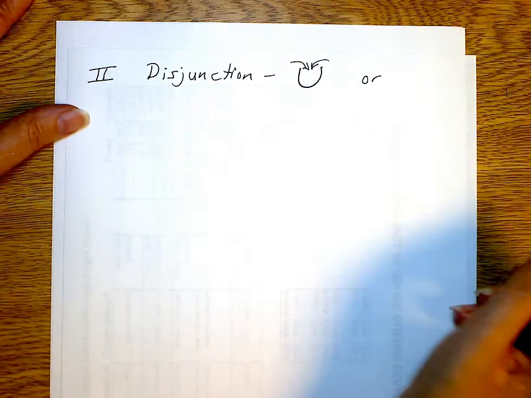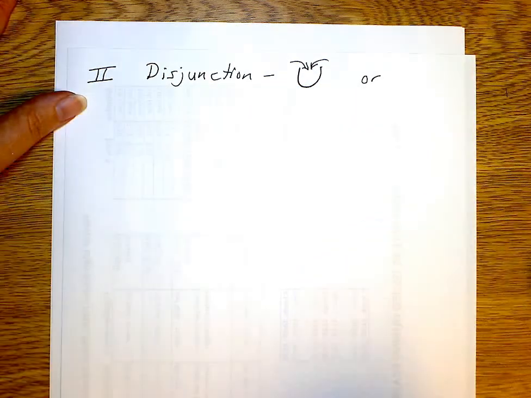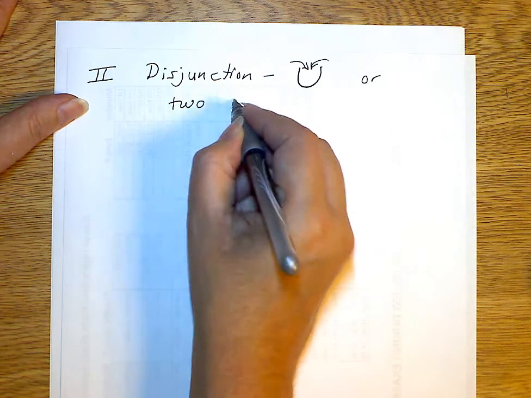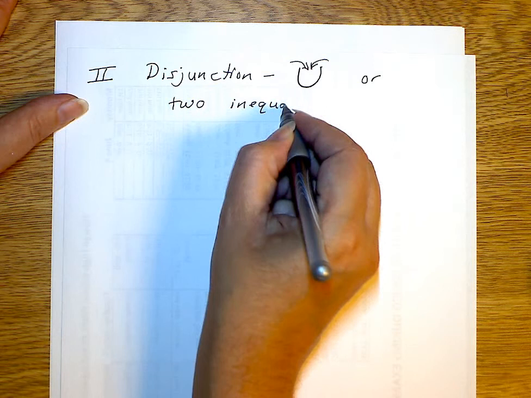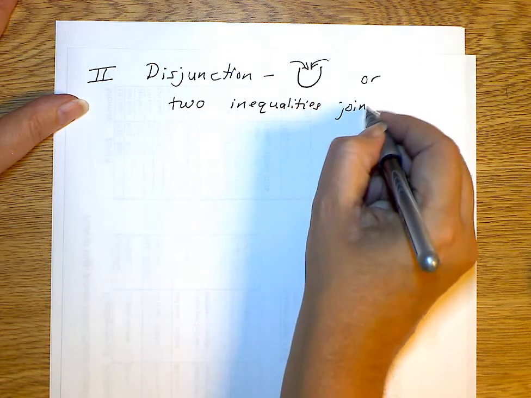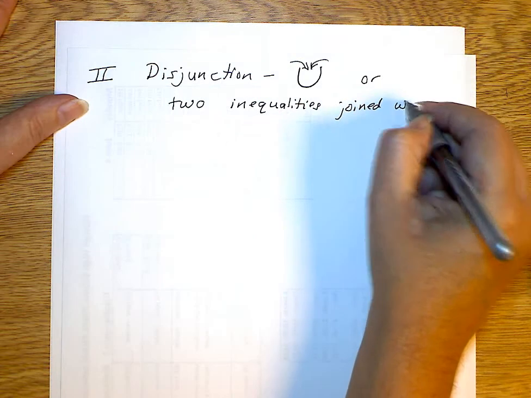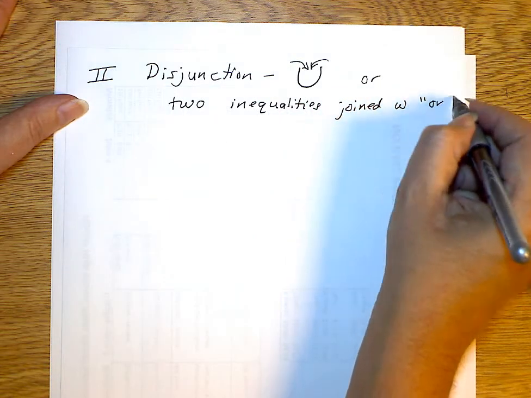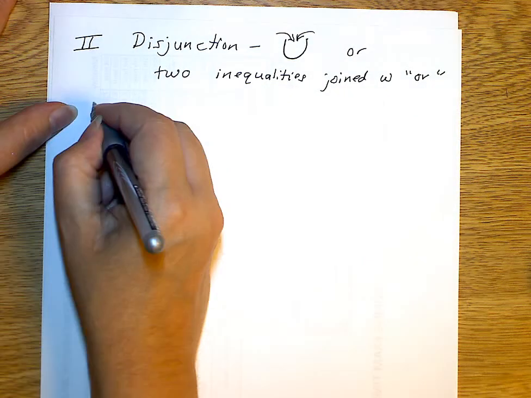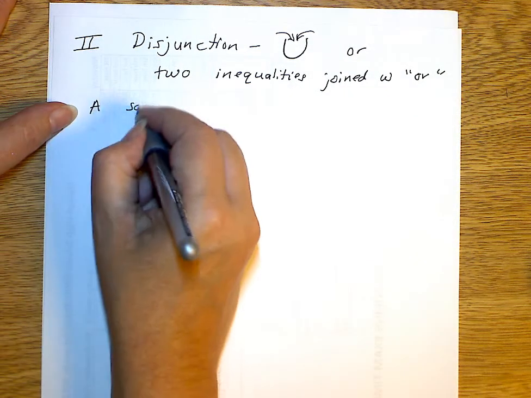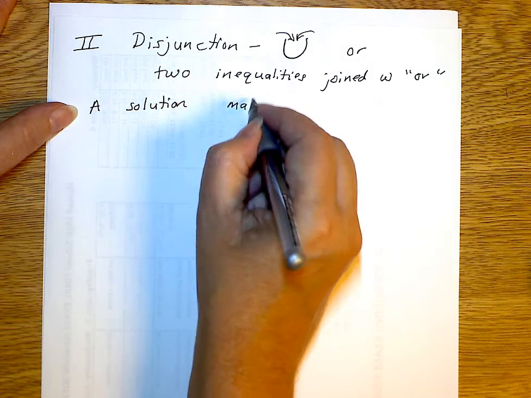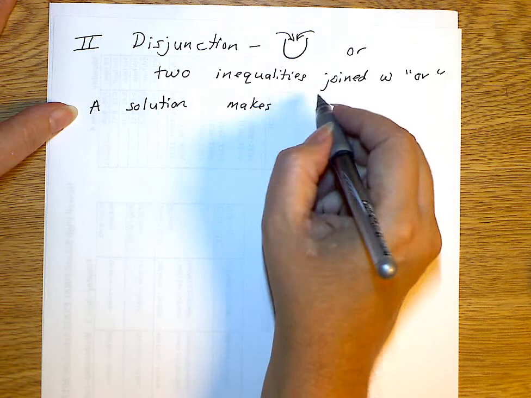Alright, so remember it's going to be two inequalities. So disjunction is two inequalities joined with the word or. A solution makes one of the inequalities true.